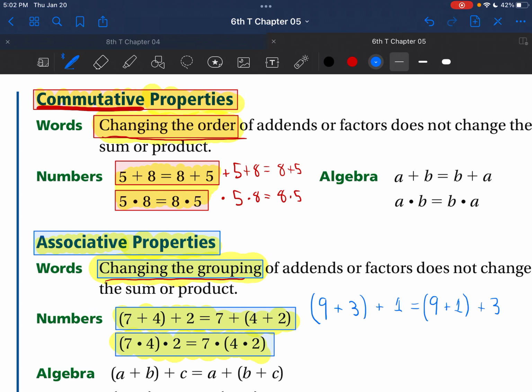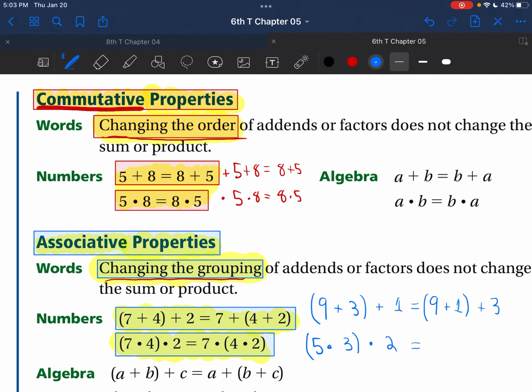Another good example would be something like this. Let's see, 5 times 3 times 2. And if we put this in parentheses, you're kind of thinking, okay, 5 times 3 is... you're trying to think about it. I was like, I wish there was an easier way to solve this problem. So we're going to use the associative property to change some things around, and you'll see how easy it is.